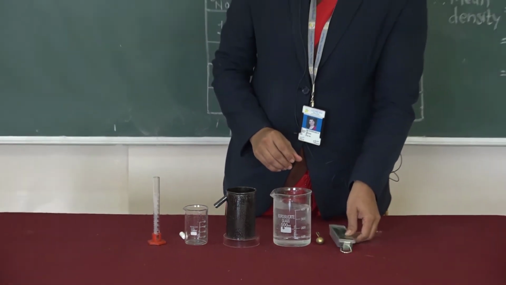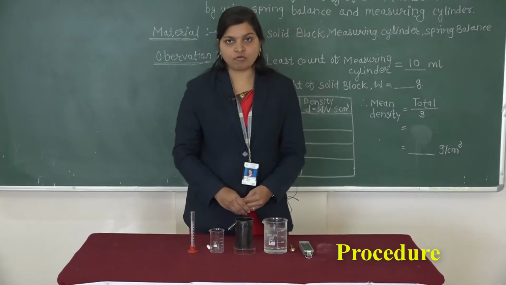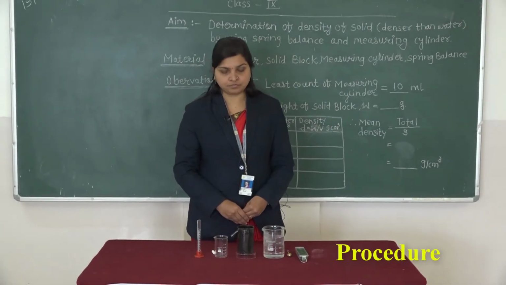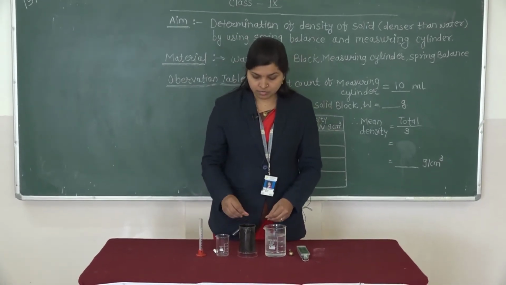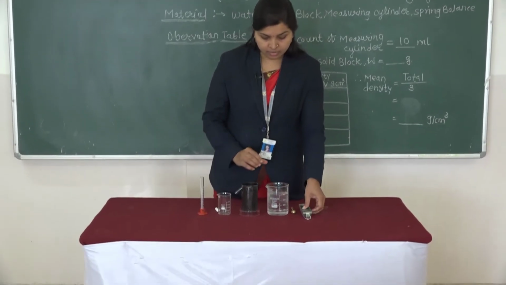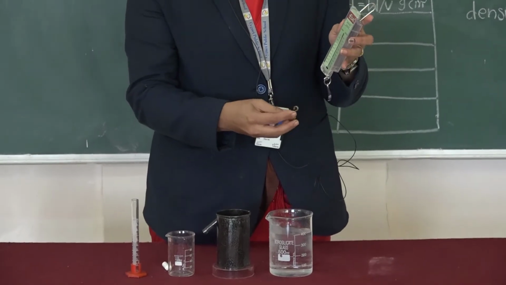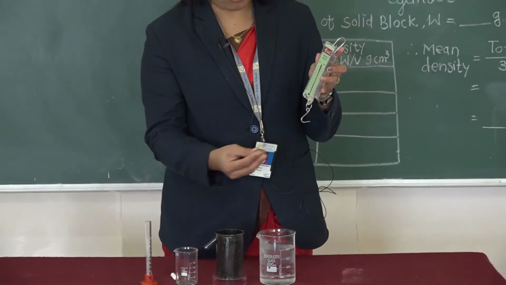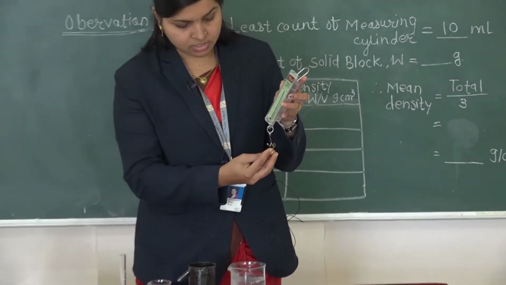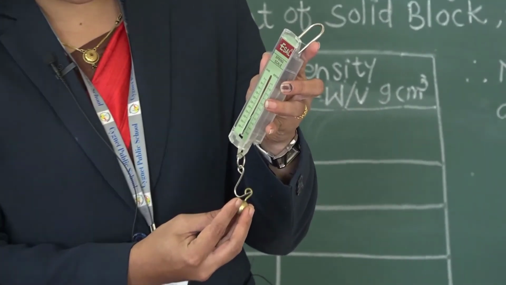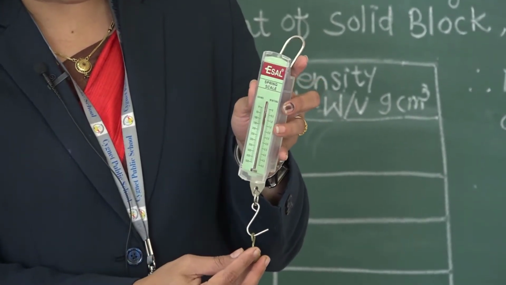Now let's see the procedure of this experiment. First of all, weigh the solid block with the help of spring balance. Hang this solid block to the spring balance and take the weight of the solid block.